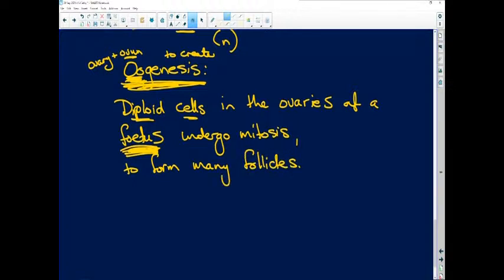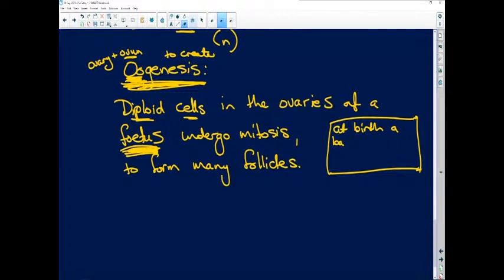Now, just as a snippet of extra information, which you may get in a long question or one of those paragraph type questions, as long as you know, at birth, a baby girl has about 400,000 follicles.